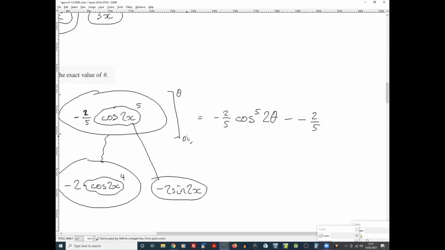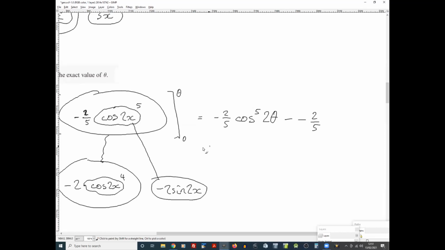So if x is 0, 2x obviously is 0. What's cos of 0? What time on the clock? Uh, 3 o'clock. And what's the horizontal aspect of 3? 1.